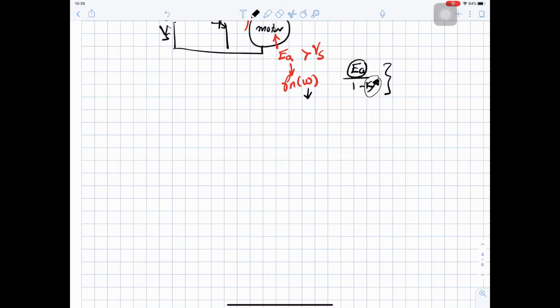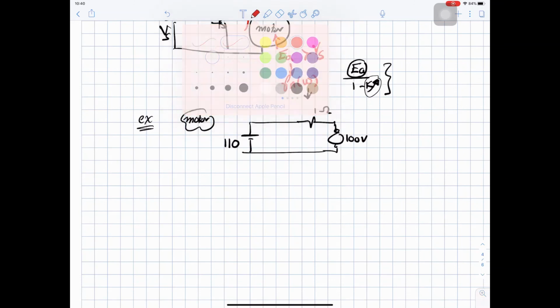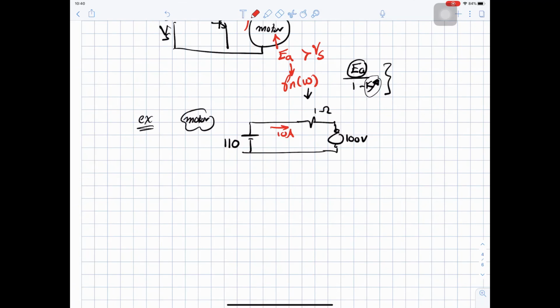So let's take a numerical example so we can understand the regenerative braking. Assume we have a motor. This motor has a battery V source of 110, has a back EMF of 100 volt, and it has a resistance of 1 ohm, and the current going here is 10 amperes.